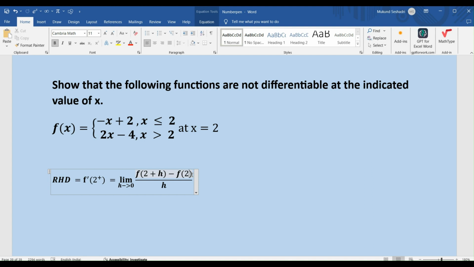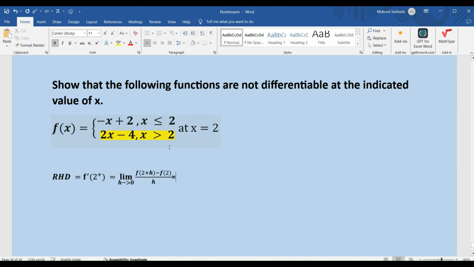And what does that mean? x takes a value which is greater than 2 by an infinitesimal h, where h tending to 0, right? So x is greater than 2 by an infinitesimal h means we will have to go ahead and apply this function, which I'm going to highlight in yellow, for f of 2 plus h, right? So let's write that. What is our f of 2 plus h?